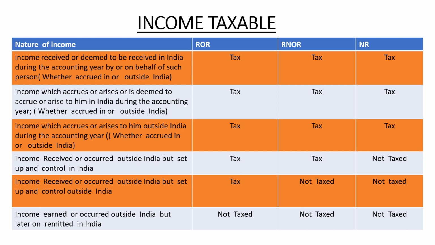Last condition is income earned or accrued outside India but later remitted to India. For example, I have received the income in the USA and thereafter I remitted it to India. So in this case, tax will not be paid under any condition.